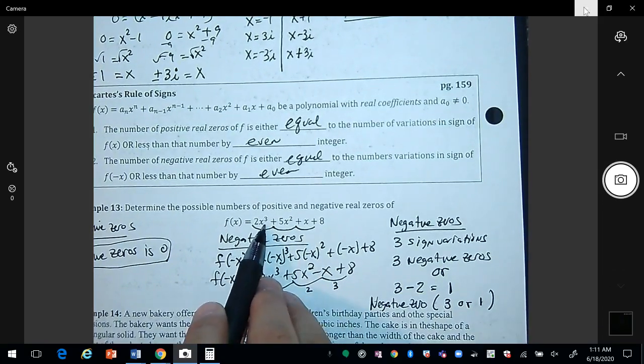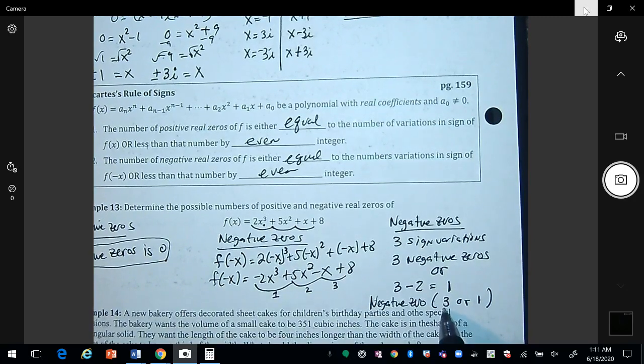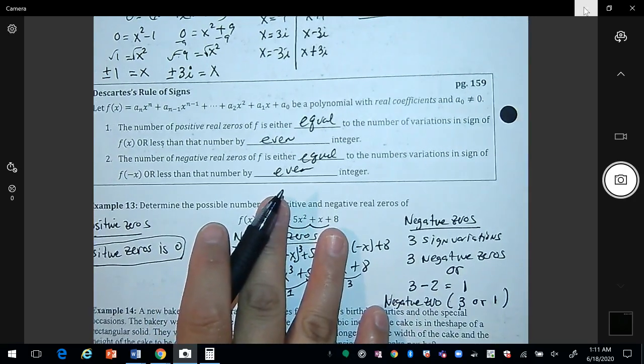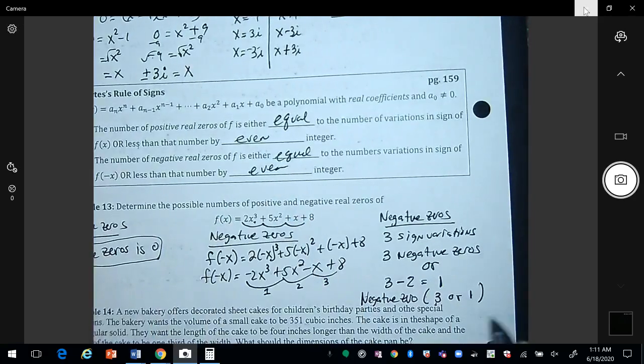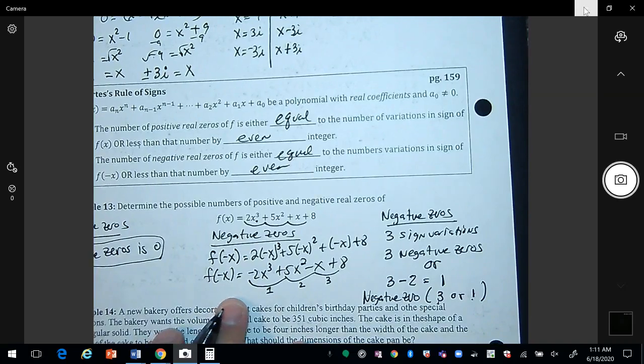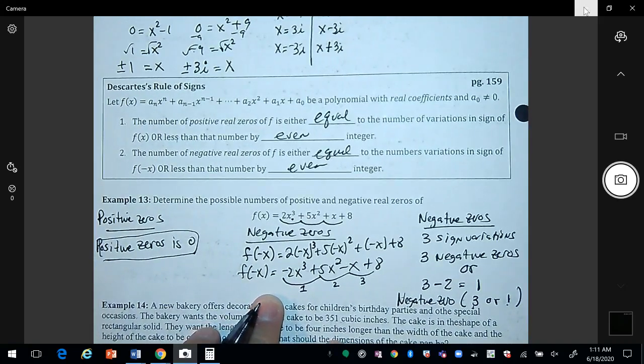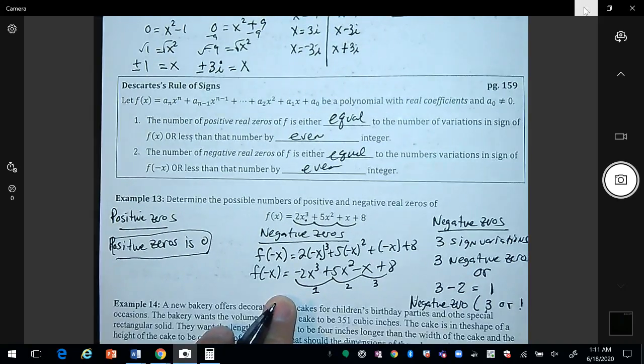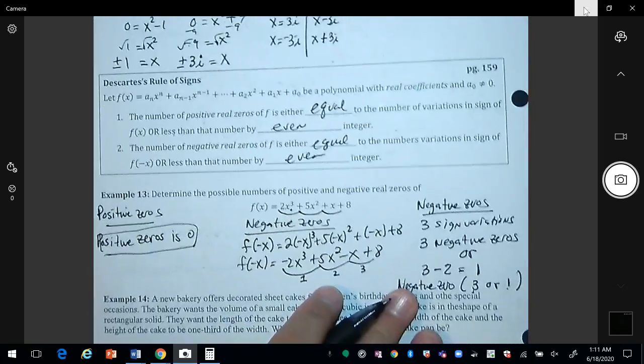So since this is a degree 3 polynomial, your zeros could all be negative, or we could have 1 negative, and the other 2 would be imaginary solutions, complex numbers, since we have 0 positive.